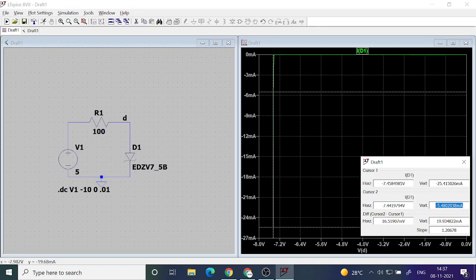breakdown resistance. What is the resistance offered by the diode after it breaks down? It will be very, very small.